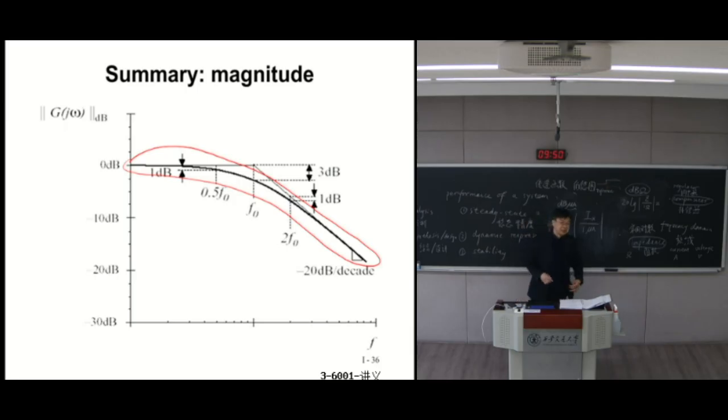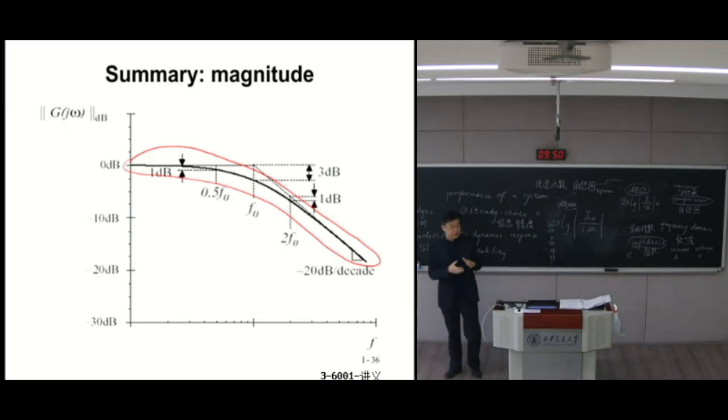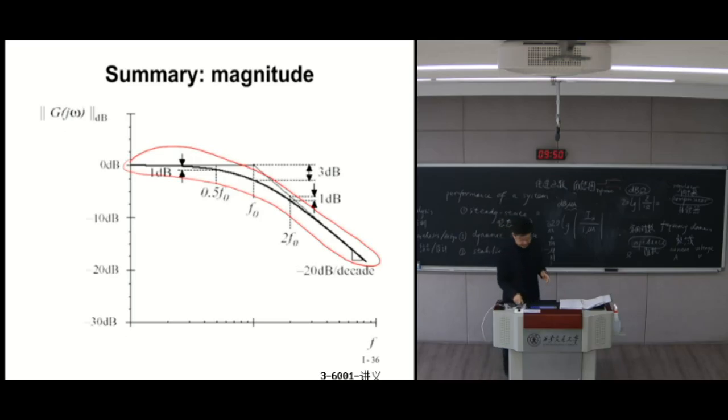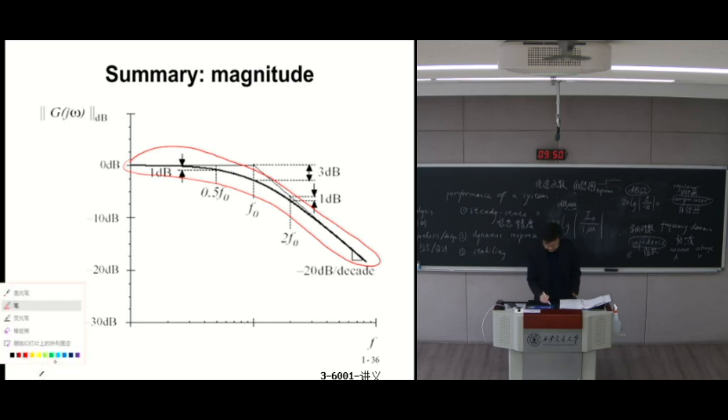Again, this is not good because it's a curve. We like straight lines. So very often in control theory, we would simplify this and use two sections of straight lines to approximately represent this single pole. These two sections of straight lines: for low frequency, this is a flat straight line, this flat part.